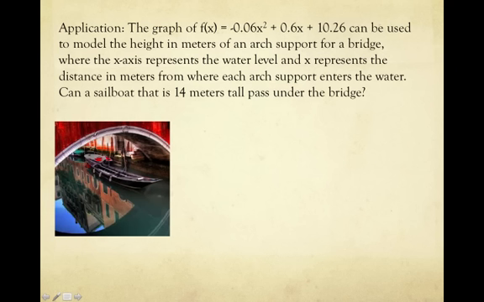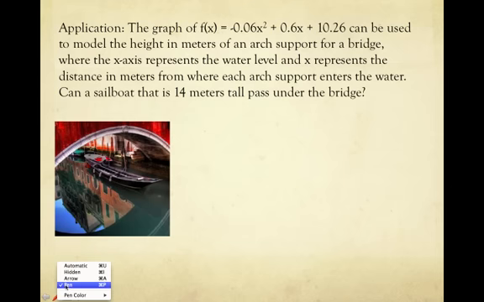Well, if you look at this bridge, that bridge looks exactly like a parabola, and I'm looking to see if this vertex allows for a sailboat of 14 meters to pass through it. So if this is my x-axis, I need to see if my y value of my vertex is at least 14 meters.